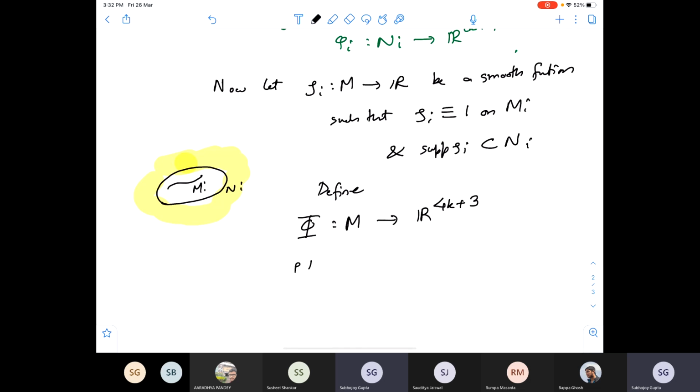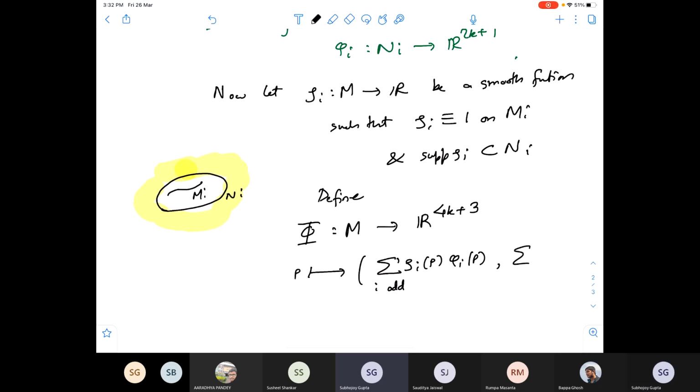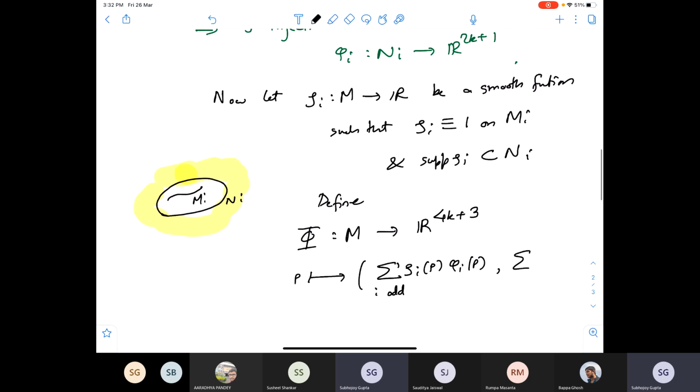You can take a point P and map it to the summation of rho I of P, phi I of P, this is when I is odd. And in the summation, I'm adding vectors in R to the 2k plus 1, right?